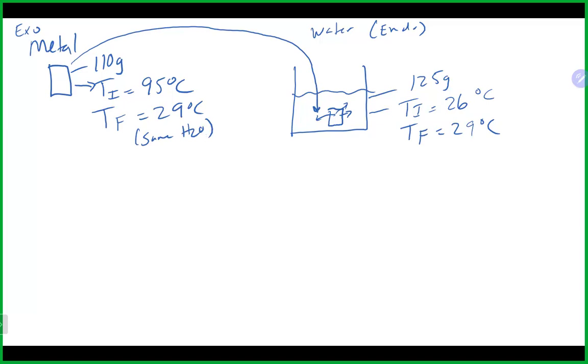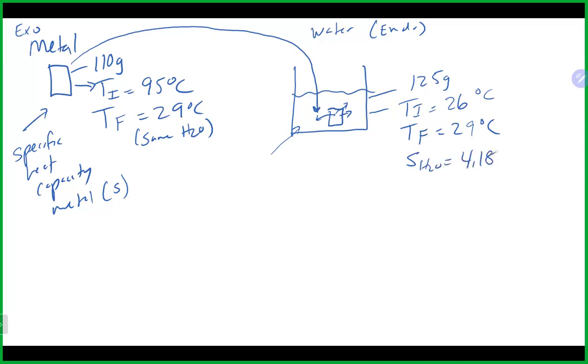And at this point, we actually know enough information. For example, if we wanted to know the specific heat capacity of the metal, which is S in our equation, we have enough information. That is because we are following the temperature change of our water, and we know the specific heat capacity of liquid water is our favorite number, 4.184 joules per gram per degree Celsius.